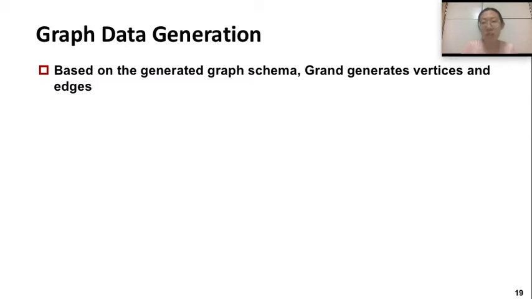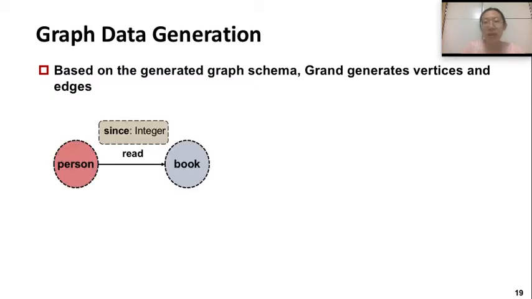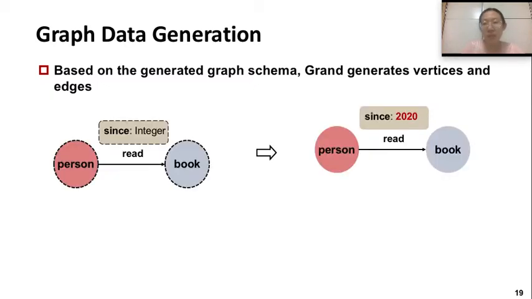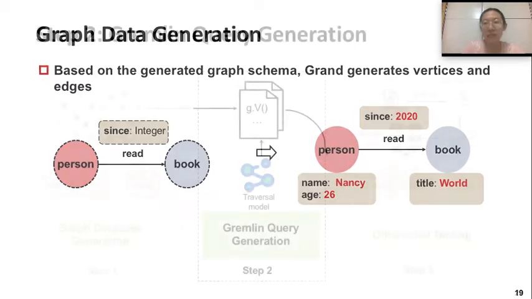For the edge generation, we randomly choose an edge type. The properties for edge generation are the same as those in vertex generation. We then randomly select vertices that can form the edge's incoming or outgoing vertex type.